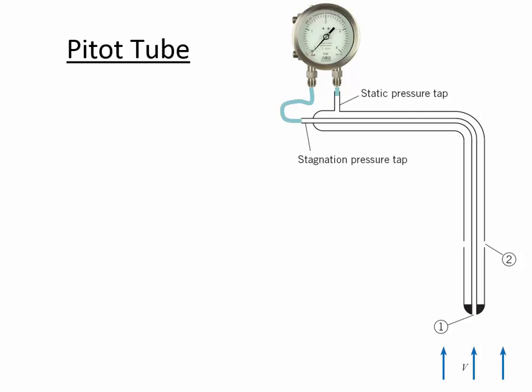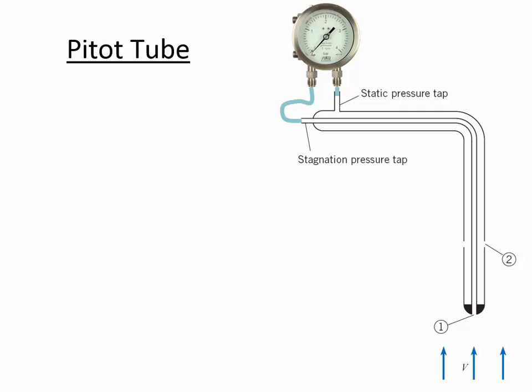And so here we have a streamline that's going to stop suddenly. And so what does that do to the pressure at location 1? It increases it. So pressure 1 we'll call our high pressure location. And then the streamline that goes around the pitot tube, here is an opening at location 2, but it's not faced into the direction of the flow.